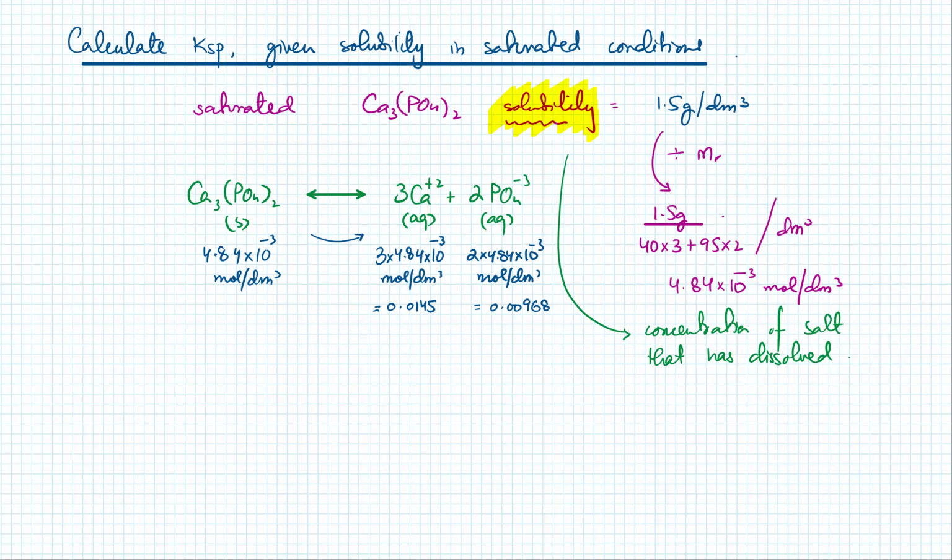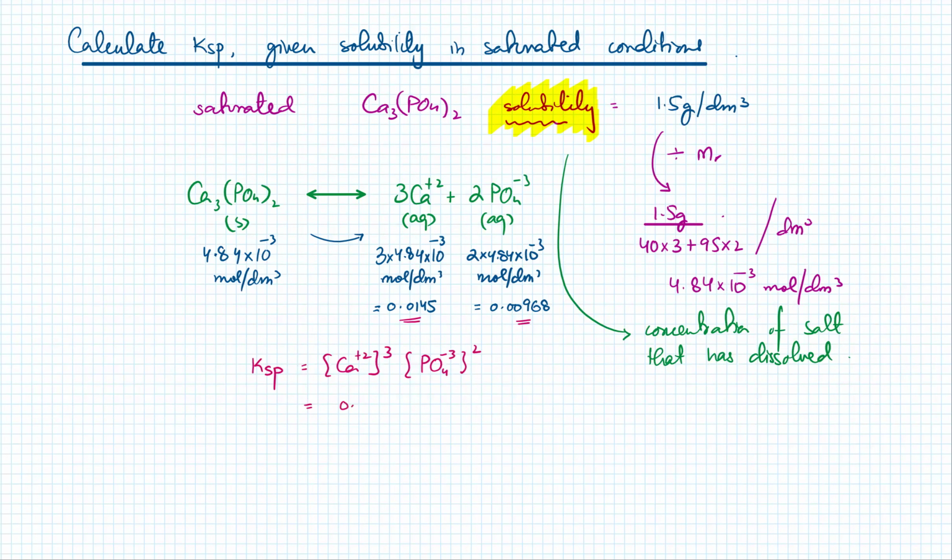Now you're going to plug these values into your Ksp expression. Your Ksp expression is the calcium ion concentration, that's cubed, and the phosphate ion concentration, that's going to be squared.